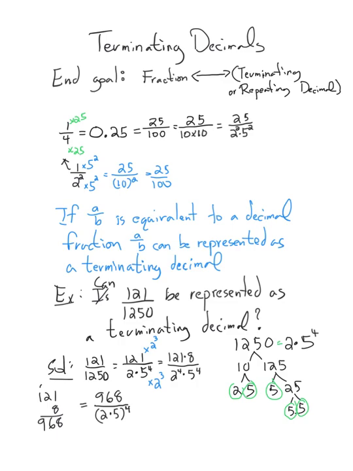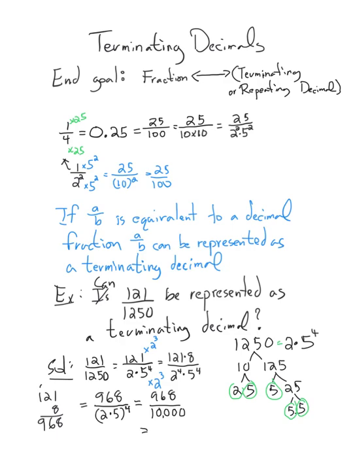Let's use commutativity and associativity to group it up as 2 times 5 times 2 times 5 times 2 times 5 times 2 times 5. So what is this? This is 968 over, well, 10,000, a 1 with 4 zeros after it. And what is this as a decimal?